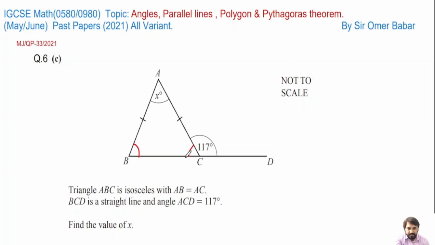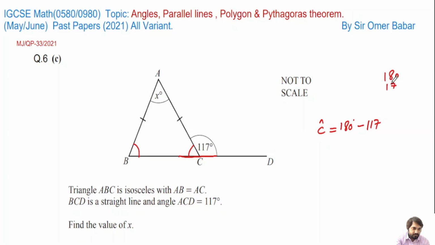First of all, angles on a straight line add up to 180 degree. So angle C will be 180 degree minus 117 degrees. So subtract it.